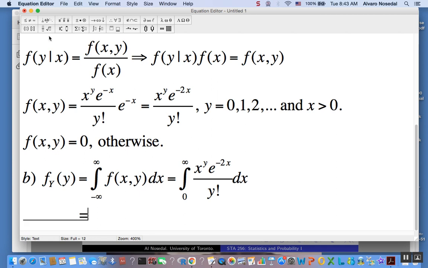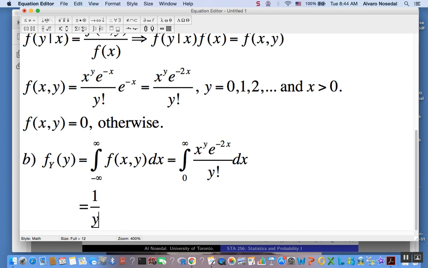So that's what we're going to be doing next. We have 1 over y factorial times the integral from 0 to infinity of x to the y power times e to the negative 2x with respect to x.